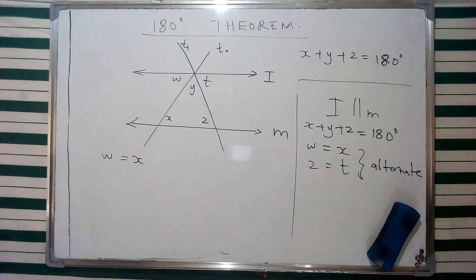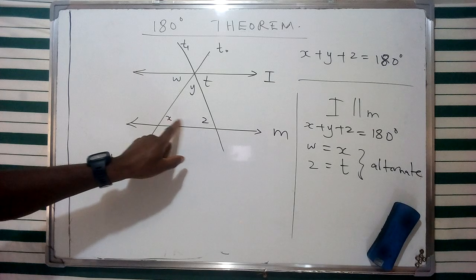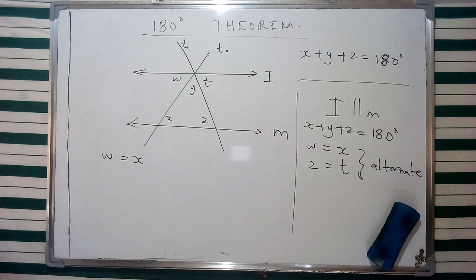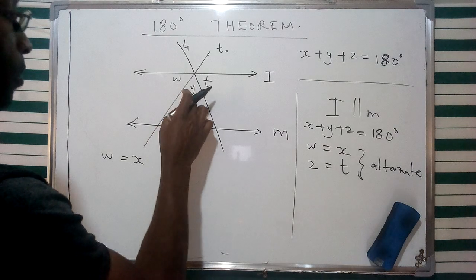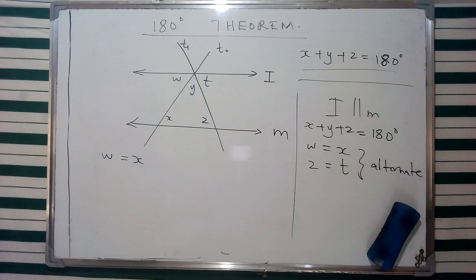So in this case for alternate interior angles, we can have a relationship for X and Z by equating them to W and T respectively. So therefore, from substitution, we can conclude that basically X, Y, and Z are equivalent to 180 degrees.